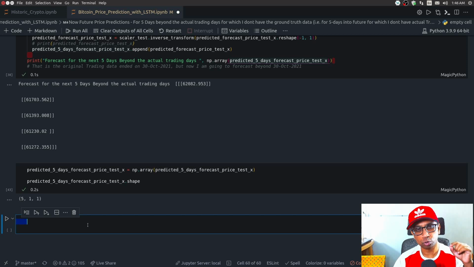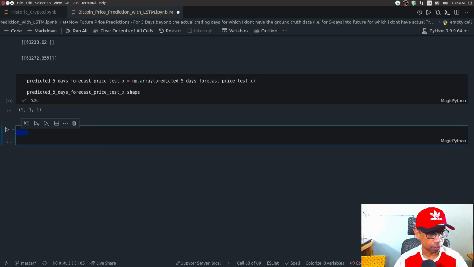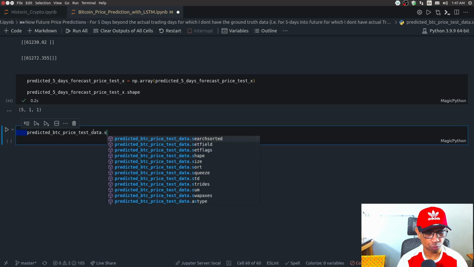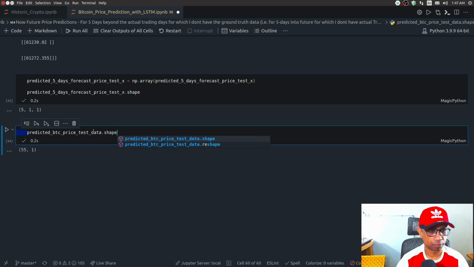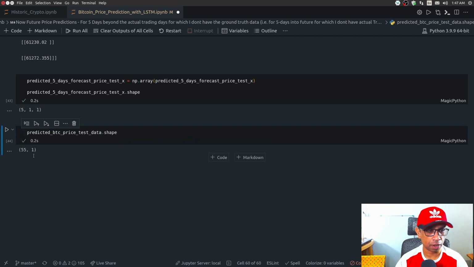We have the ground truth actual trading prices, but also we have the predicted prices, and that variable is this one. Predicted BTC price test data. This was a prediction for the entire ground truth trading period. Let's check its shape as well. Yeah, this is 55 by 1, and I have to actually combine both of them together.